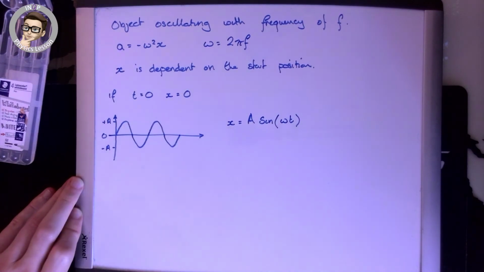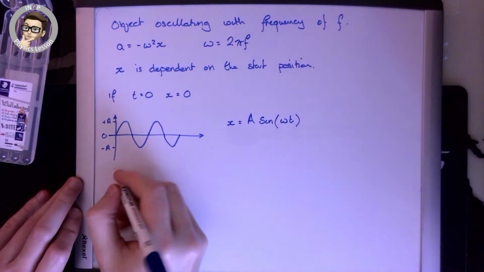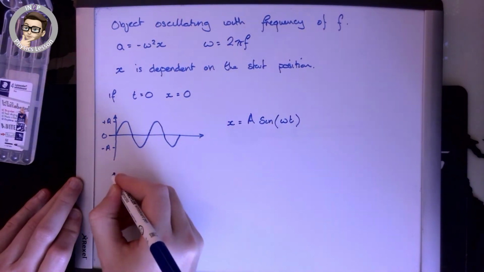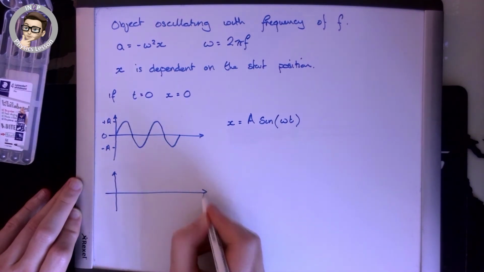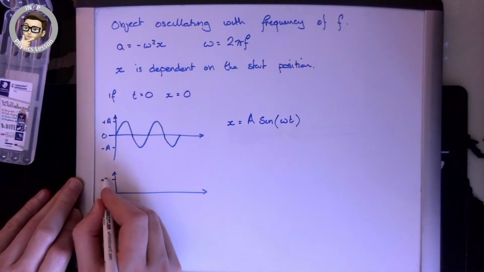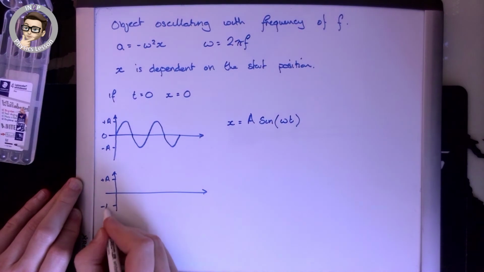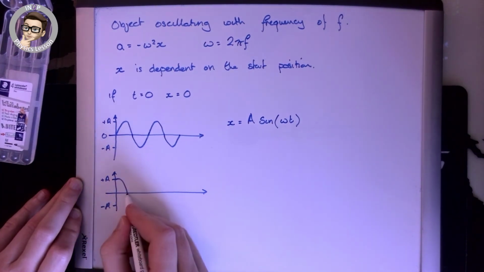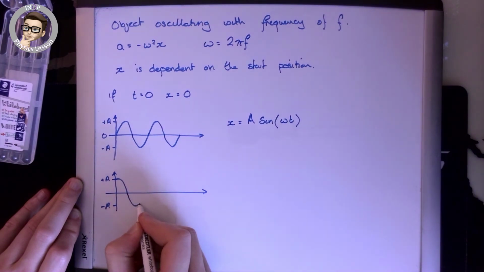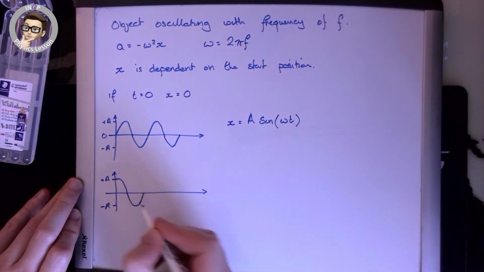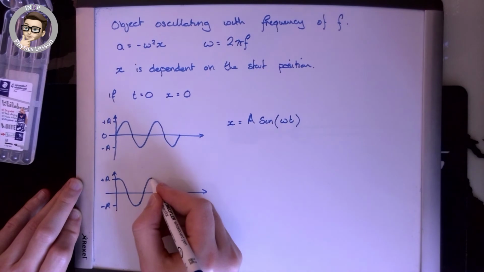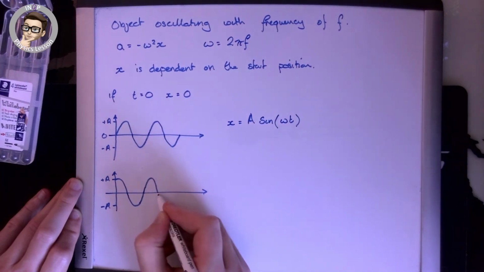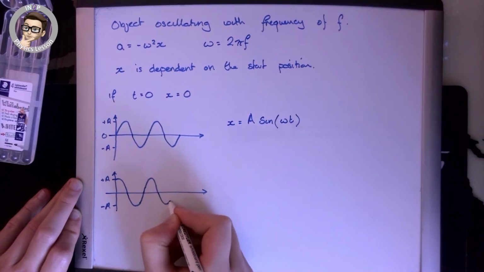What about if it starts at a maximum amplitude? Well, hopefully you can already see this, we're going to have a graph starting at peak, going through 0, going through the midpoint, going to the negative maximum amplitude, going back through the midpoint, going to the positive maximum amplitude, going back through the midpoint, going to the negative maximum amplitude.